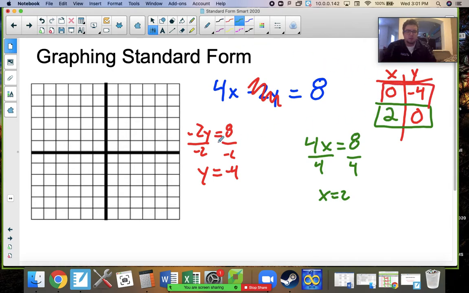So starting with our 2, 0, that's right here. And then 0, -4, that's right here. There's our two dots. All we have to do is connect them with a nice line. And we have graphed standard form.